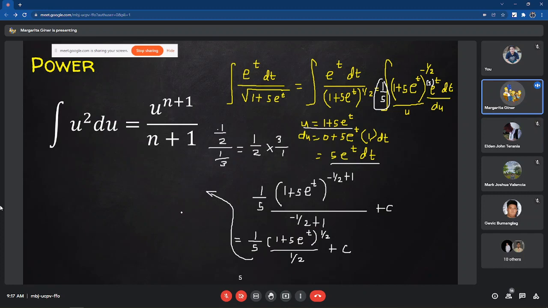So, that's why, if you're going to calculate 1/5, you divide it, you multiply it by the reciprocal of 1/2, which is 2/1. Then multiply it by 1 plus 5e raised to t, all raised to 1/2, plus C.